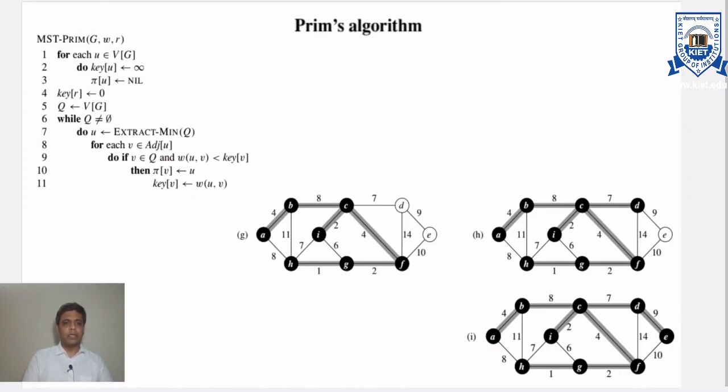Now could you point out any difference, because Prim's algorithm and Kruskal's algorithm both are doing the same job, giving the MST, minimum spanning tree. Is there any difference? One visible difference is, if you see the steps of Prim's algorithm, all the components are connected. At any point of time the partial solution is connected, while it is not the case in Kruskal's algorithm.